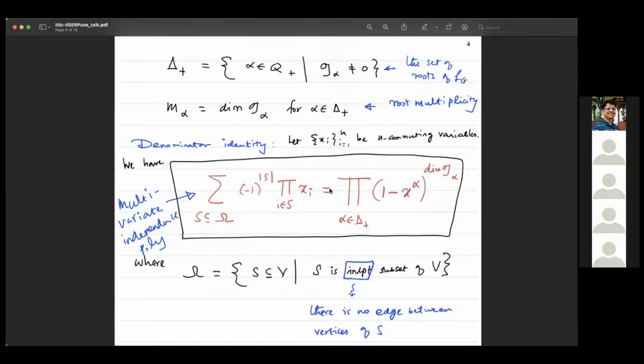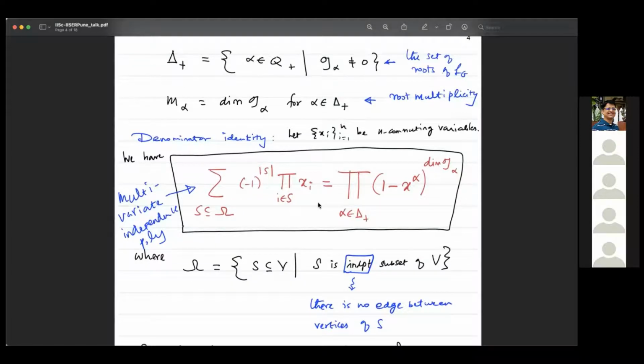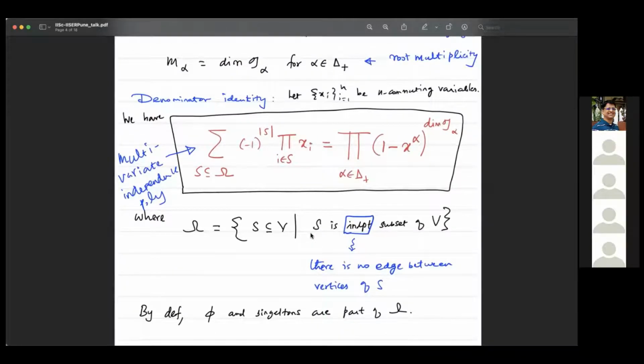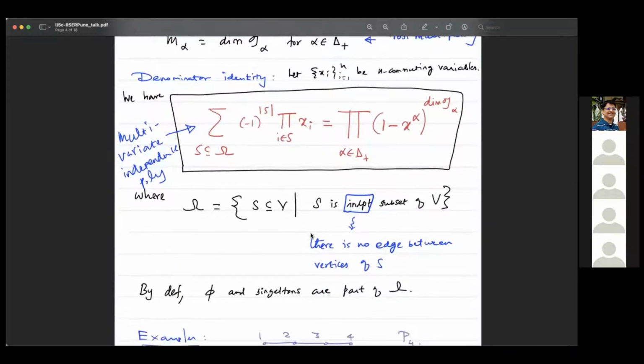This is a very powerful equation. You can see that there are connections between the Lie algebra's root multiplicities and the multivariate independence polynomial of this graph G. Once you stare at this identity, one can do a lot with it. Let me give you some examples.